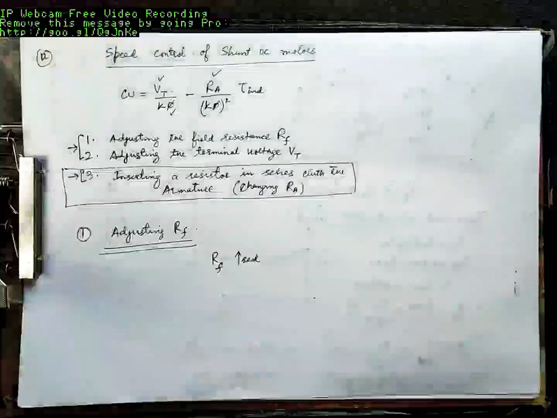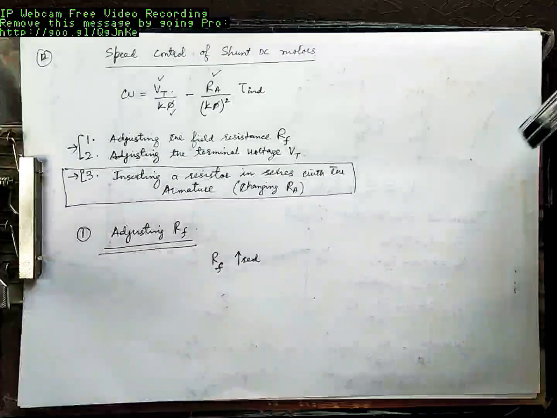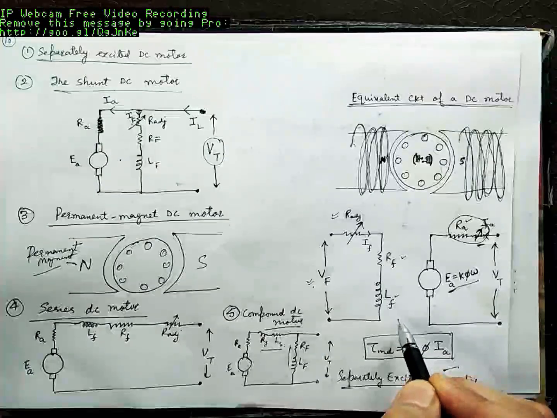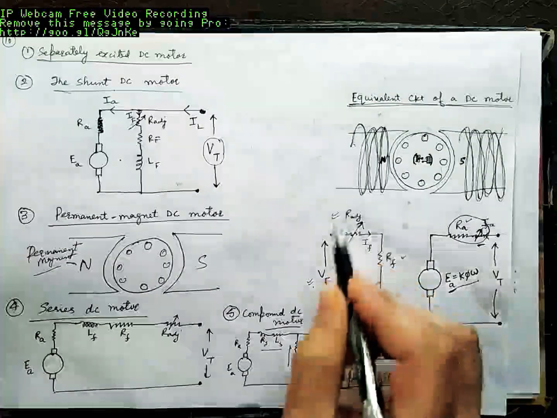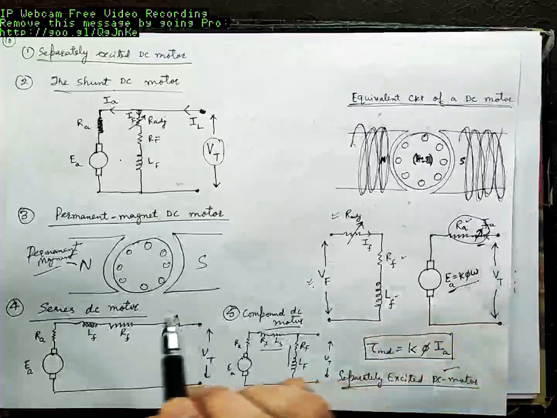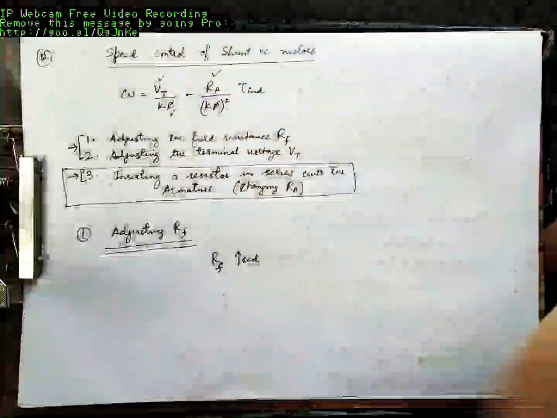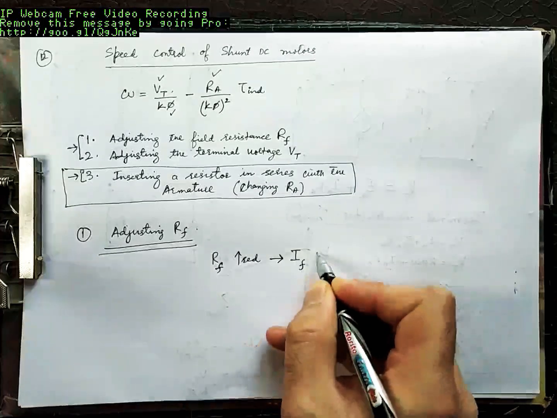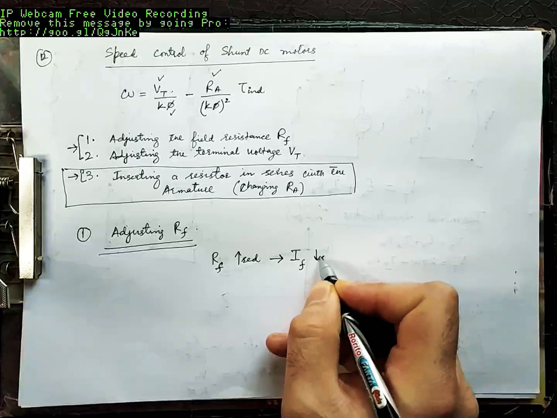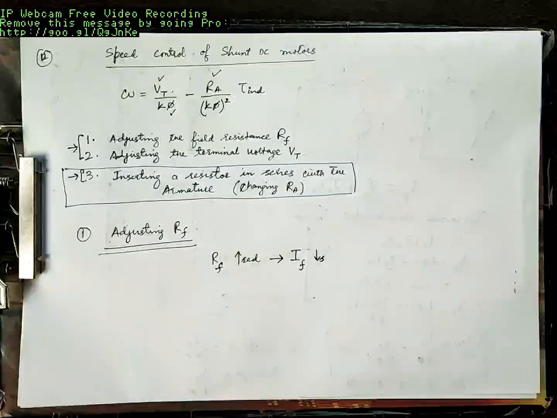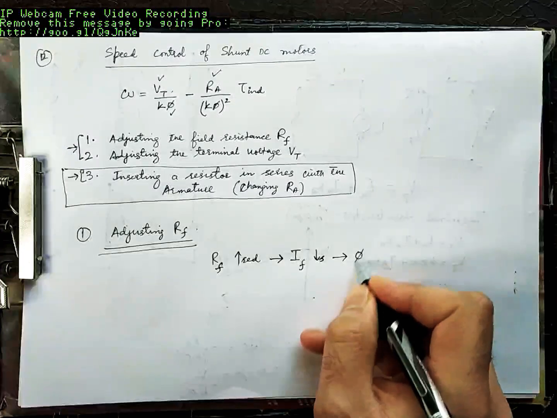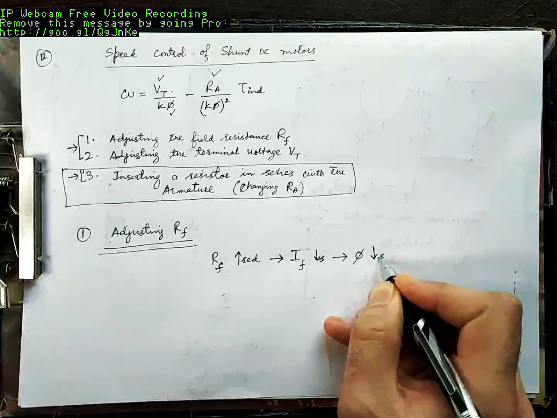If you increase RF here, VT is same, LF is same, you increase this R adjustable, you have increased this equivalent resistance in the field. What happens to IF? IF decreases. The result is that IF, field current, decreases. When field current decreases, what happens to flux phi in the machine? Flux phi in the machine decreases.